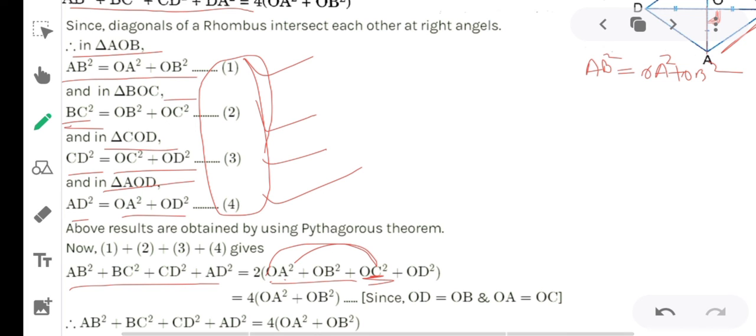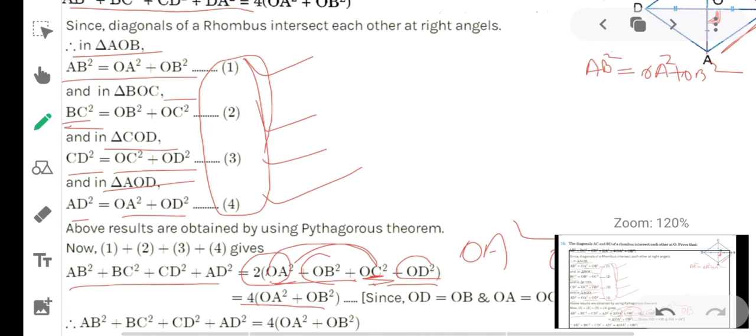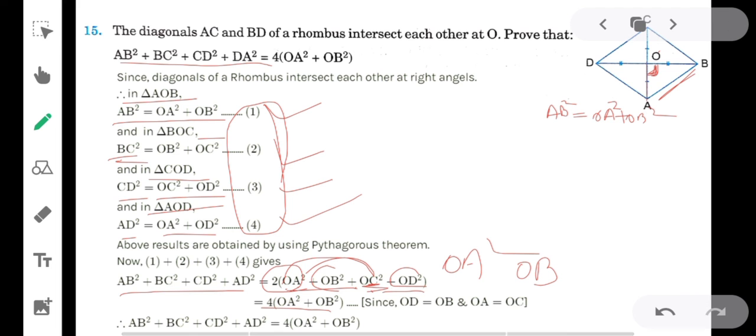So instead of OC square, you can write OA square. Like that, instead of OD, we can write OB, right? So 2 into OA square plus OB square plus OC square plus OD square will be 4 into OA square plus OB square.